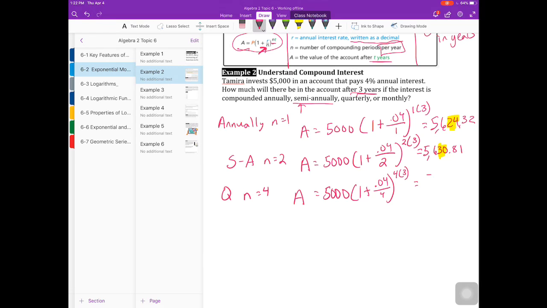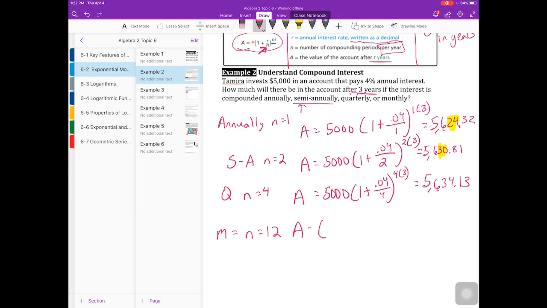So 5,000 times 1 plus 0.04 divided by 4, to the 4 times 3. For this one, we get $5,634.13. Now again, that's a $10 difference. So again, we're getting more money. And so our monthly, just like we talked about in the last one, our n is going to be 12.